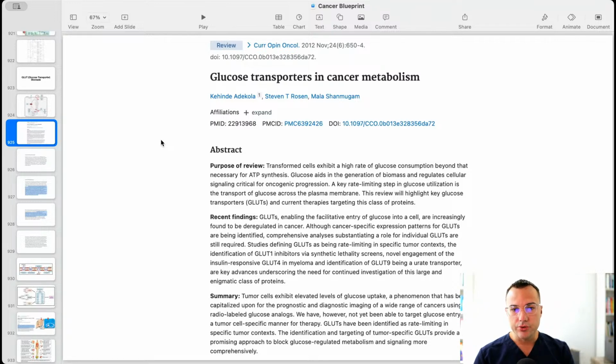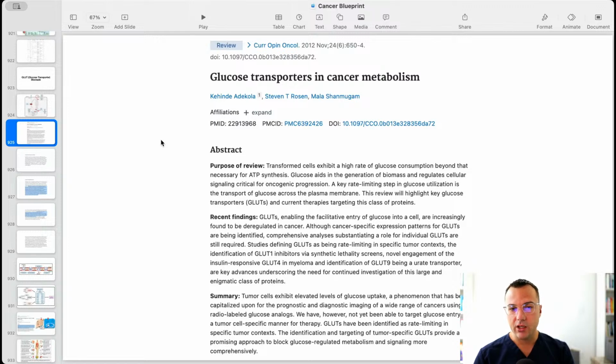GLUTs, enabling the facilitative entry of glucose into a cell, are increasingly found to be deregulated in cancer. Although cancer-specific expression patterns for GLUTs are being identified, comprehensive analyses substantiating a role for individual GLUTs are still required.